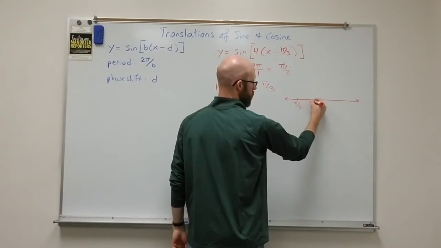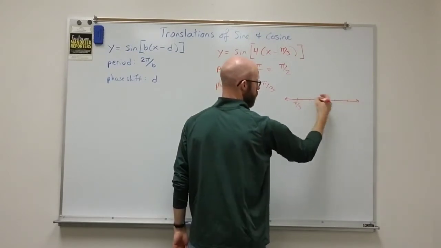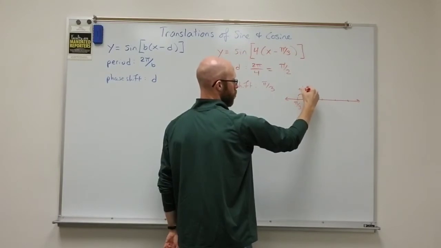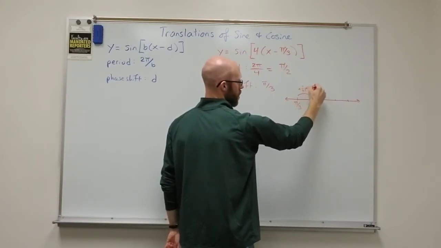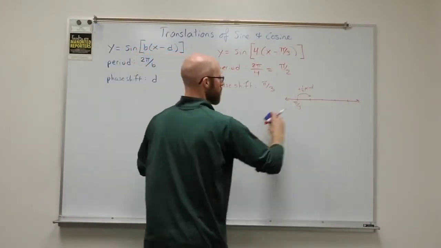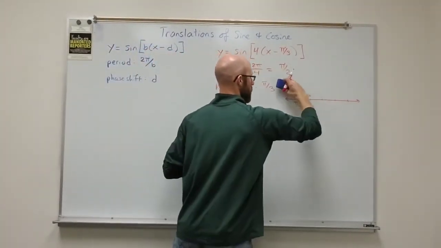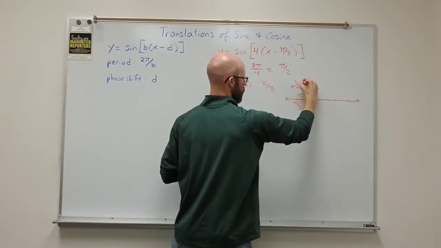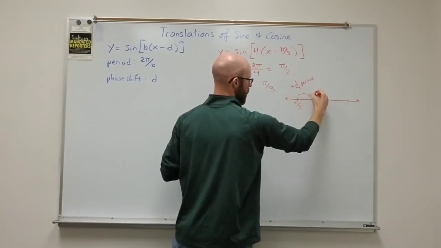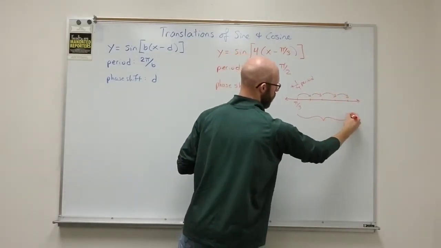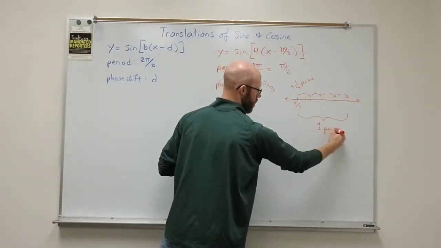So 1, 2, 3, 4. You add 1/4 of the period, and then you do that again, and again, and again, and overall you will have 1 period.